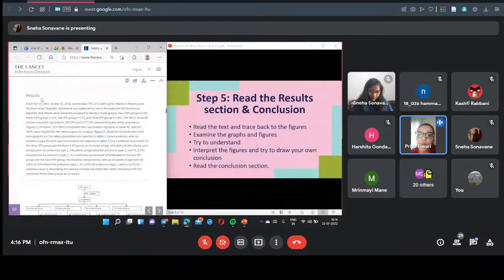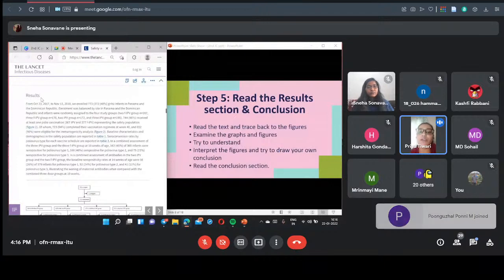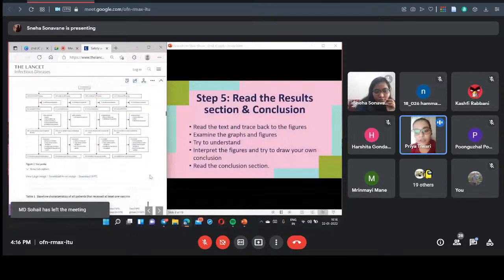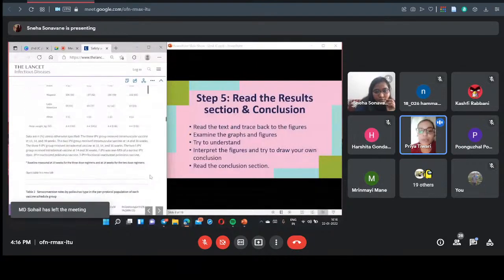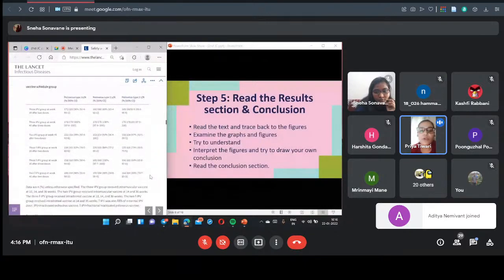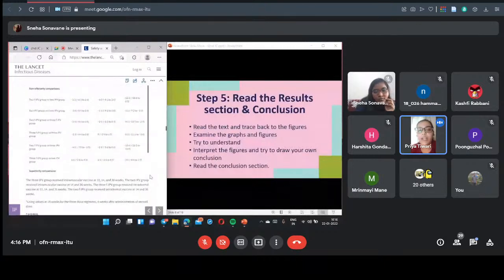So after having a general idea about the paper and reading the introduction, now you'll read the results, where you have to read the entire text and trace back to the figures which are mentioned. You have to examine the graphs and the figures yourself, understand them, interpret them on your own and draw the conclusions on your own: why this result was obtained and what kind of conclusion you will get from this.